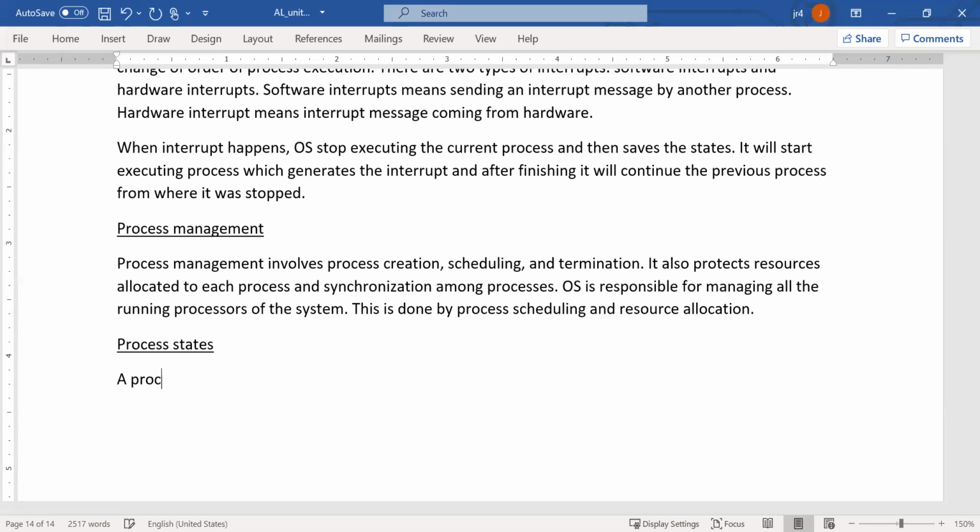A process state is a condition of the process at a specific instance of time.